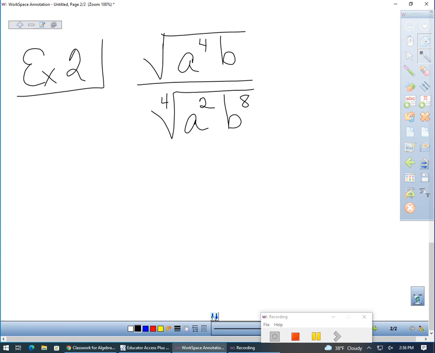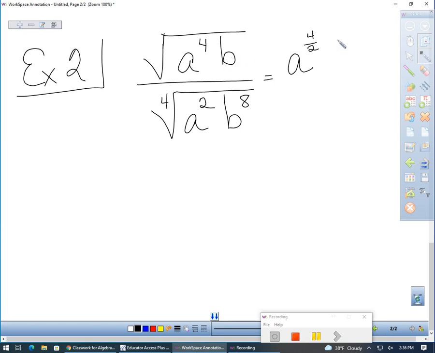What I'm going to recommend is when you hit a situation like this, let's change them into fractional exponents. Okay? So starting on the top, this a is actually a to the 4th power inside a square root. So that is a to the 4 divided by 2. All right, let's do the next one.